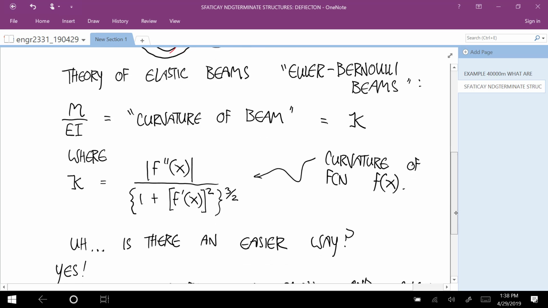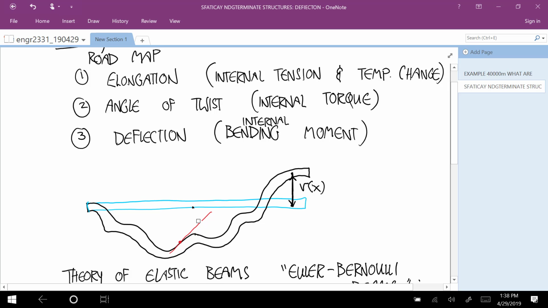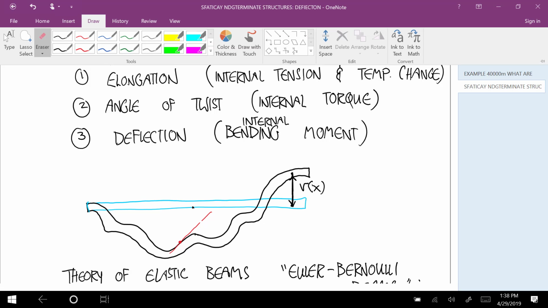So that probably changes depending on the length of the beam. Is there like a ratio? Yeah, you're totally right. It totally depends on the length of the beam.